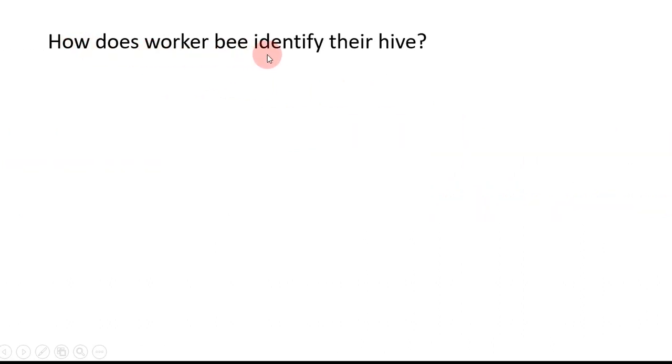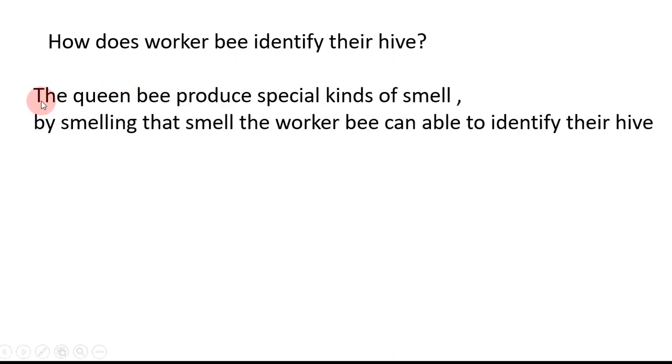How does worker bee identify their hives? They go away from the hive to a long distance to collect nectar and pollen, and they come back to the same beehives. How is it possible? Okay, look here. The queen bee produces a special kind of smell.